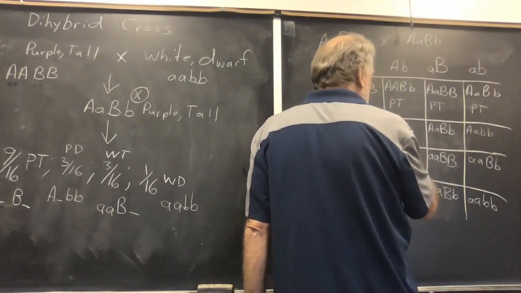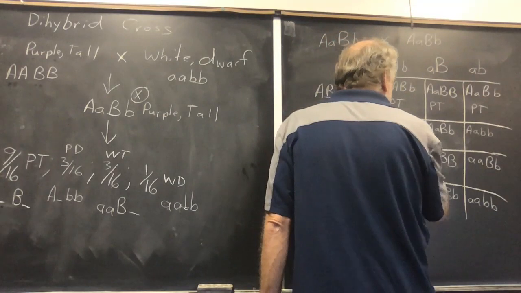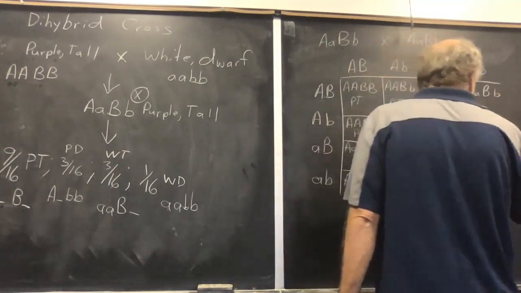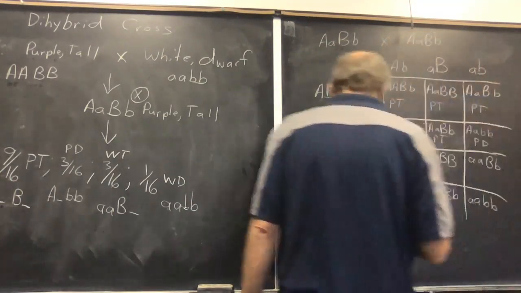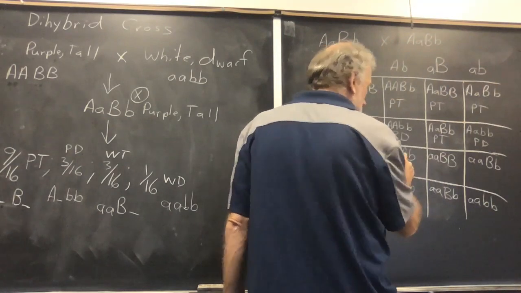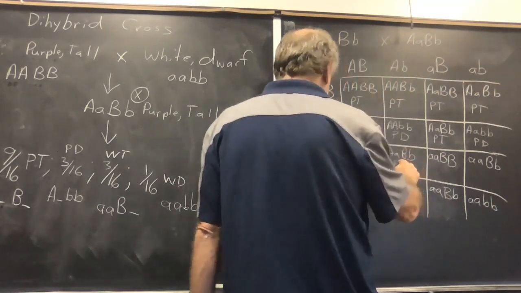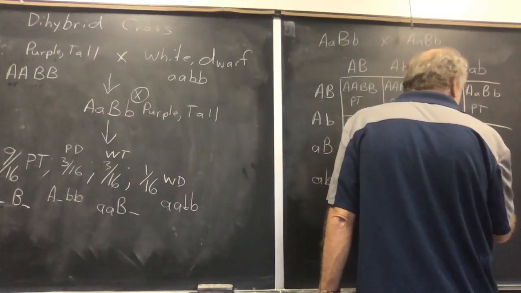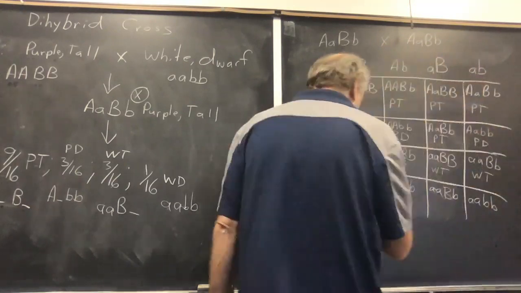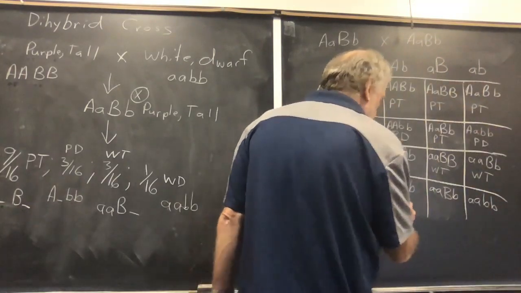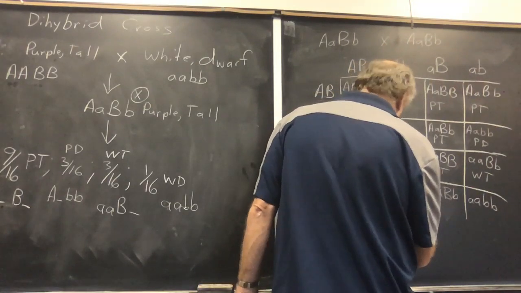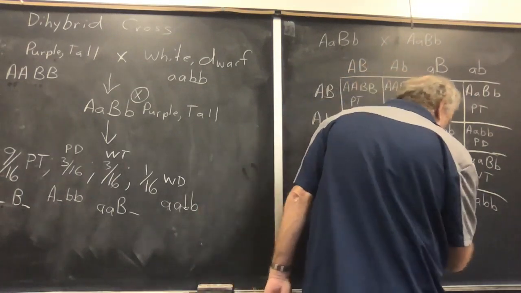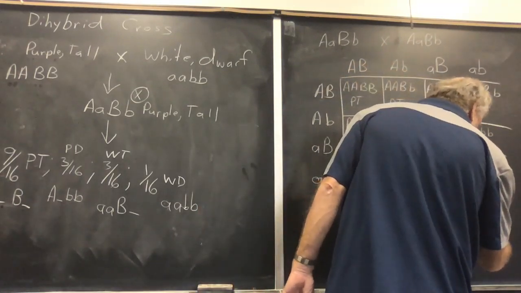Aha, here we have purple dwarf, PD, tall, purple dwarf again, PD, white tall, white tall, purple tall, there's purple dwarf, white tall, and white dwarf.